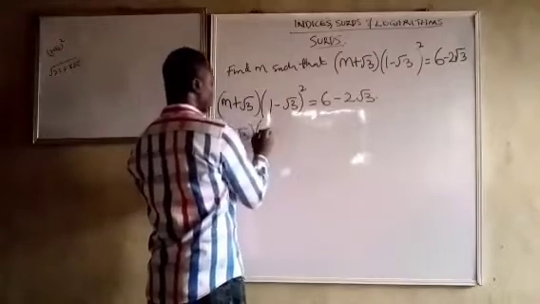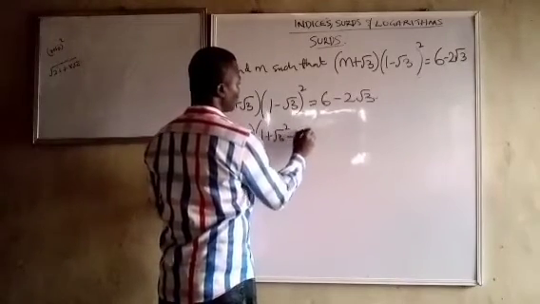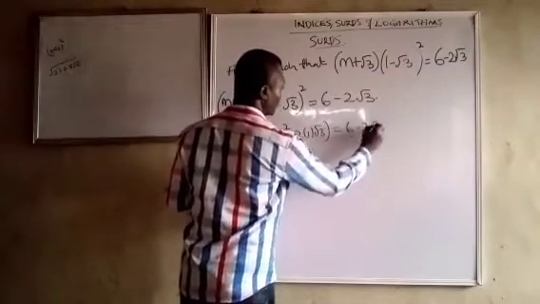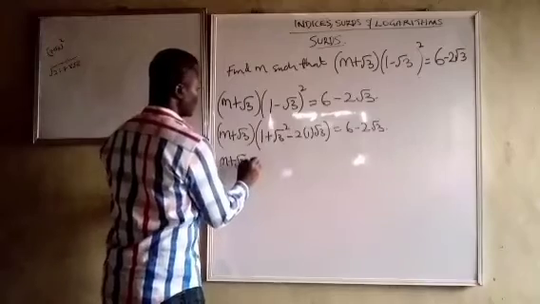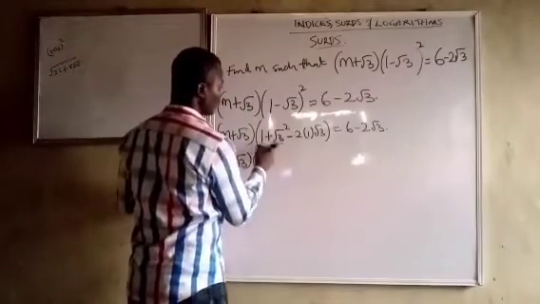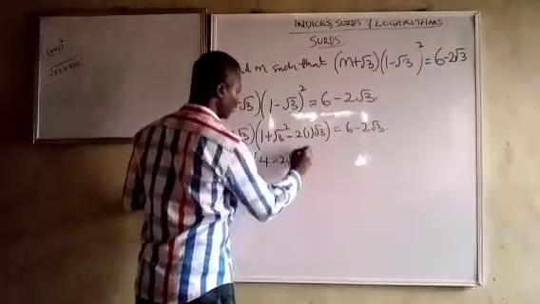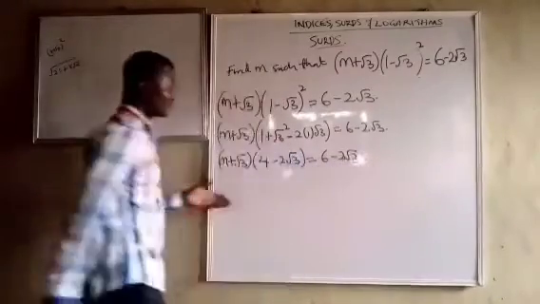From the other time, you know that this one is going to be 1 plus root 3 squared minus 2 into 1 root 3 equal to 6 minus 2 root 3. So we have m plus root 3 into 4 minus 2 root 3 is equal to 6 minus 2 root 3.